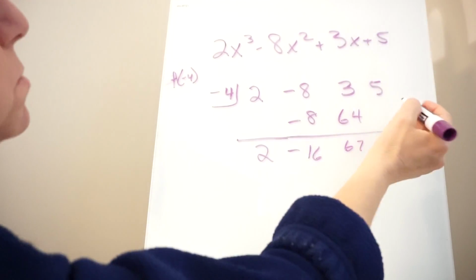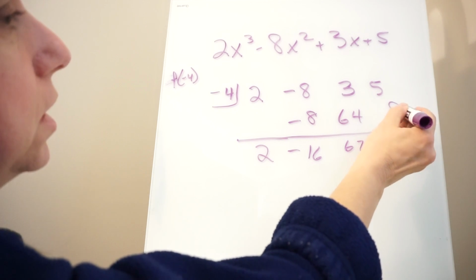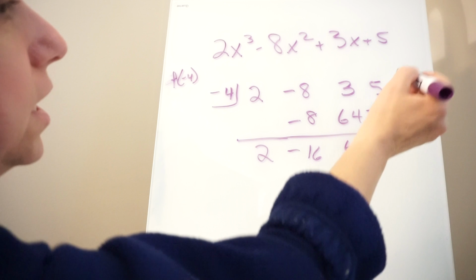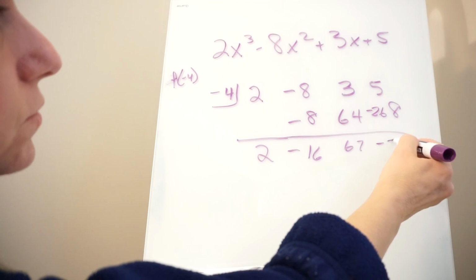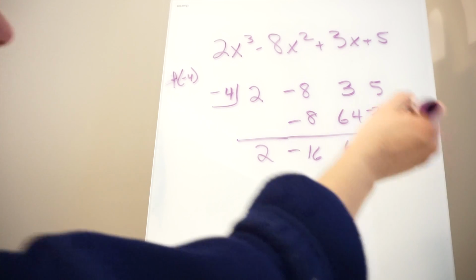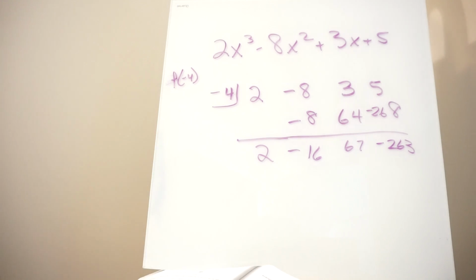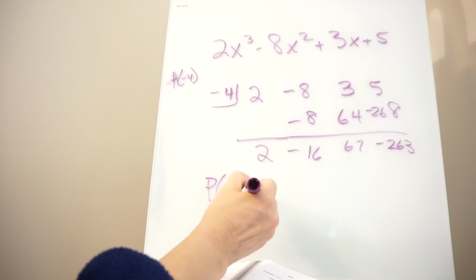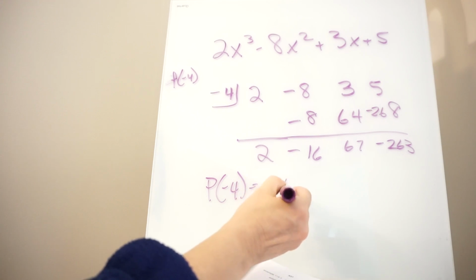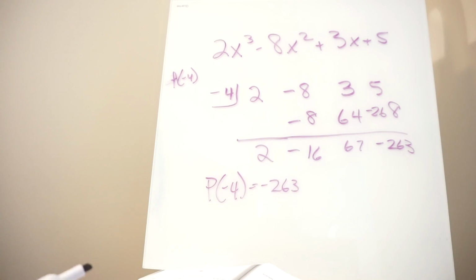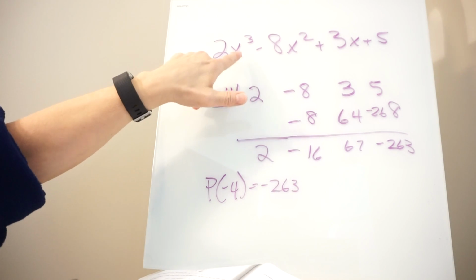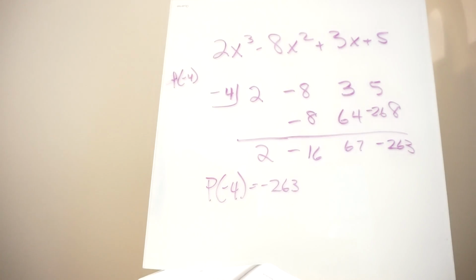And multiply. So 8, 2, 6. It's going to be negative. So we get negative 263. So p of -4 is equal to negative 263, which is probably faster than plugging -4 into each one of these terms and evaluating.